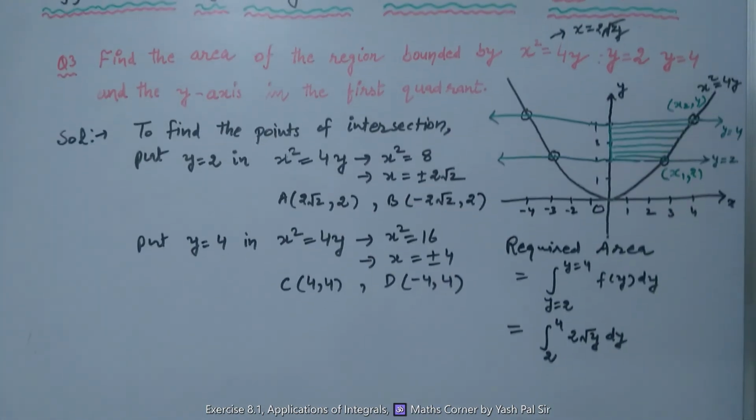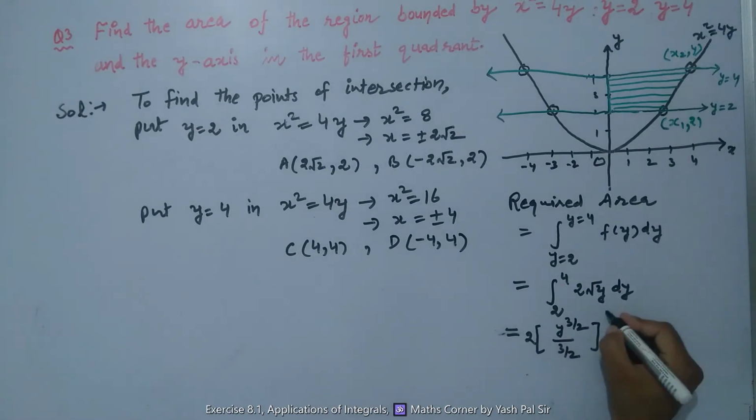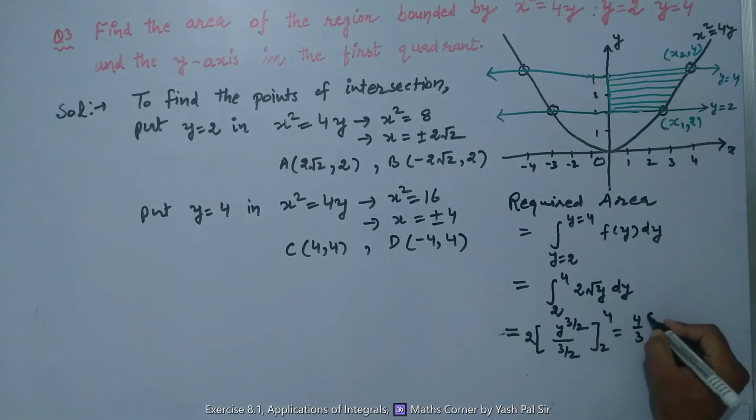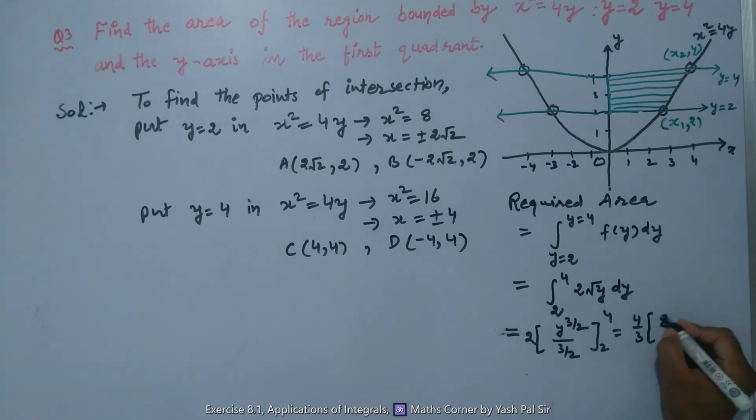Now solving this further, we have 2 is outside, y power 1 by 2 integration will be y power 3 by 2 upon 3 by 2, limit 2 to 4. So this becomes 4 upon 3 outside, 4 raised to power 3 by 2 means 8 minus 2 raised to power 3 by 2.